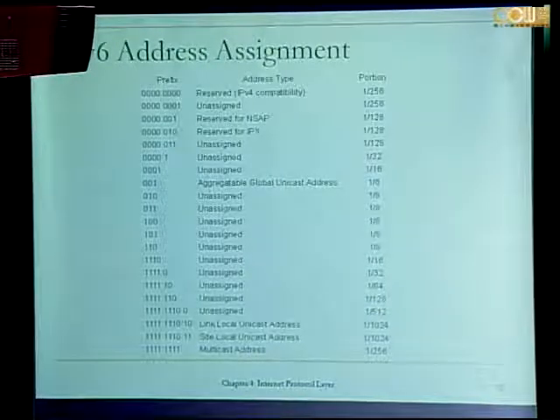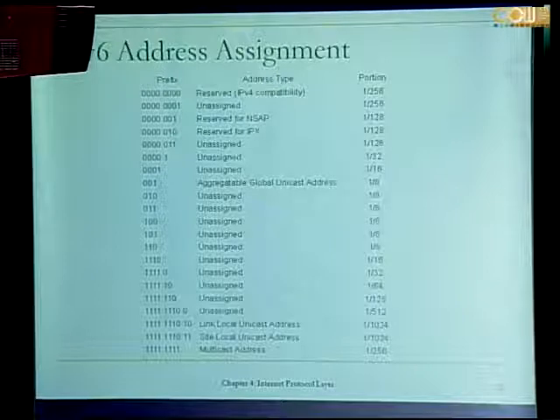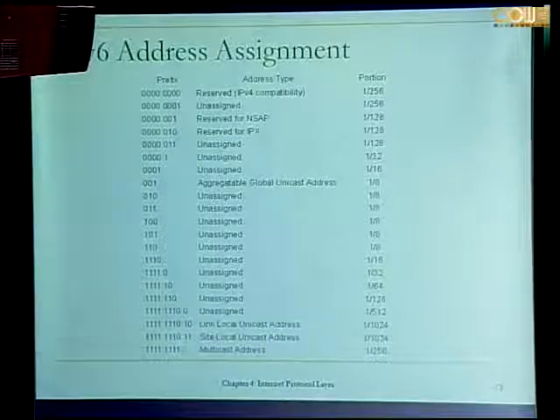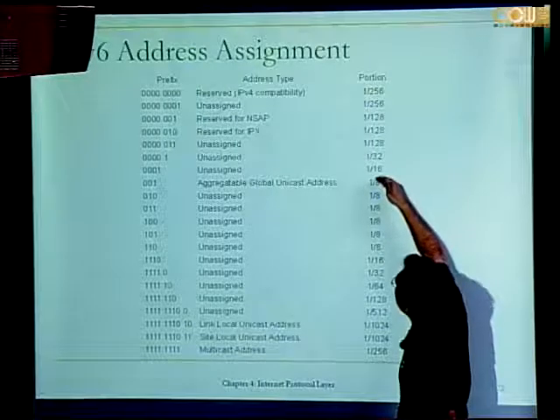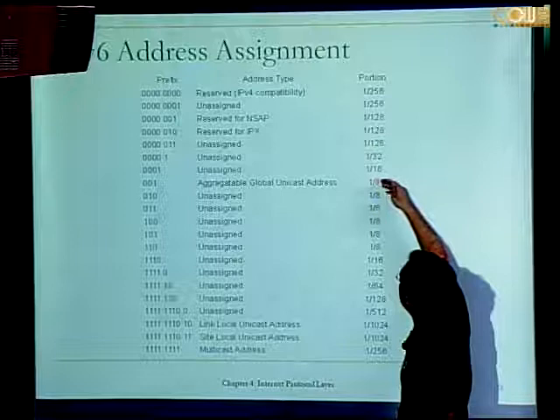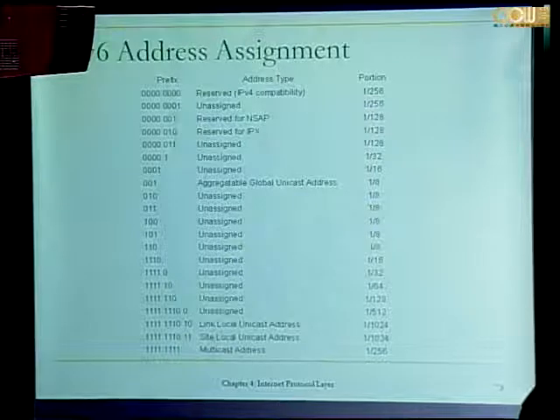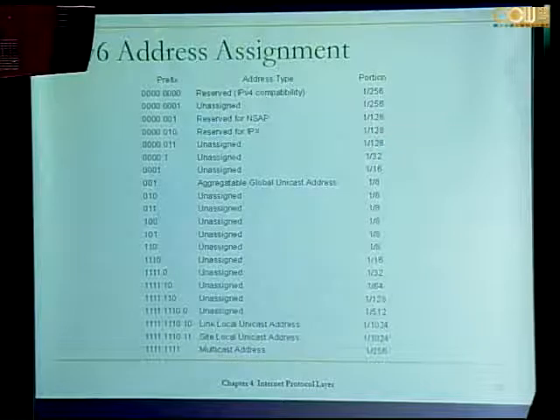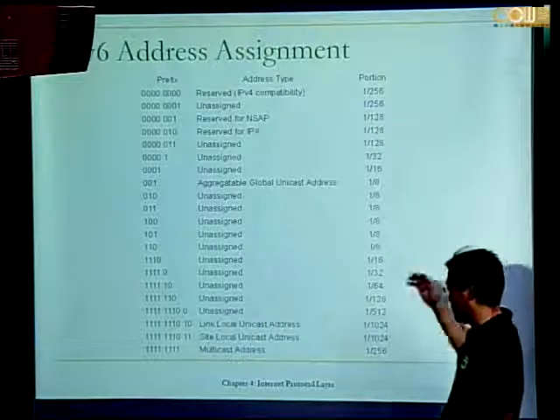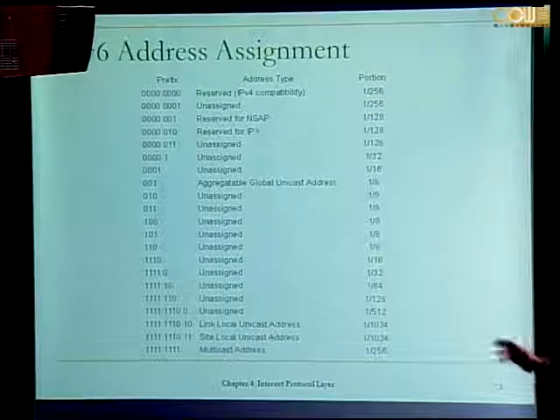And within this huge address space, right now we only have a small percentage of addresses allocated. Mostly it's the aggregatable global unicast address, for which we just grabbed 1/8 of the entire address space to use, and the other part is mostly unassigned, and some is used for other purposes of addressing, for example link local and site local, and also multicast.